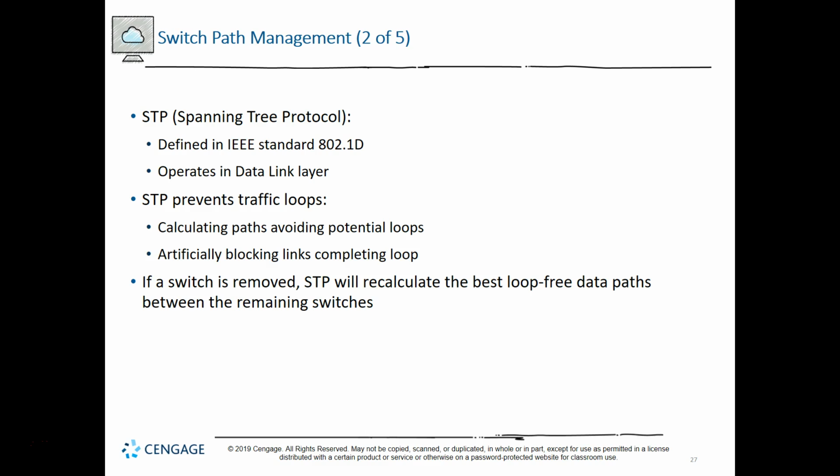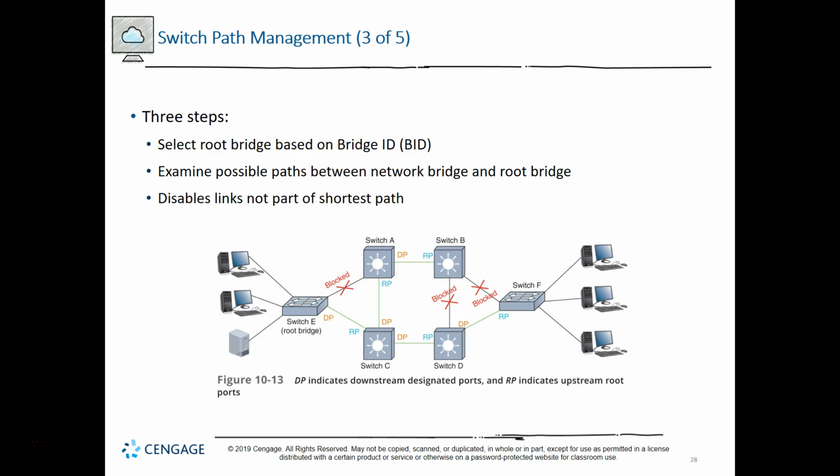Spanning tree says, I see the loop, I'm going to calculate it, and I can either manually or via software block one of those loops. So in the case of the network we configured just recently here, spanning tree software would block all these redundant links.